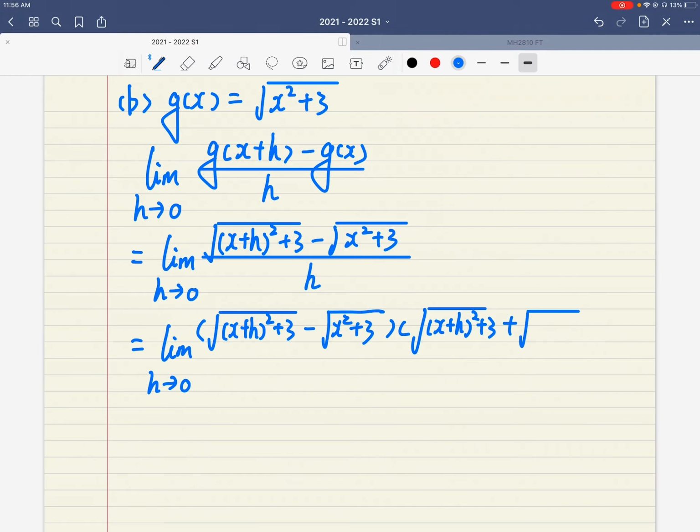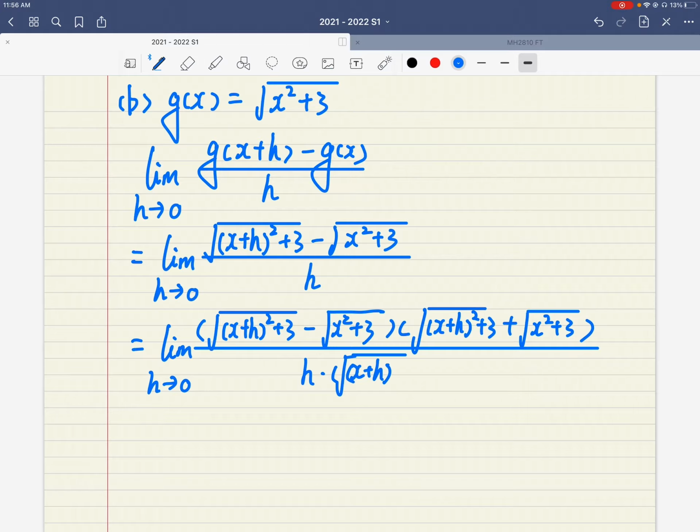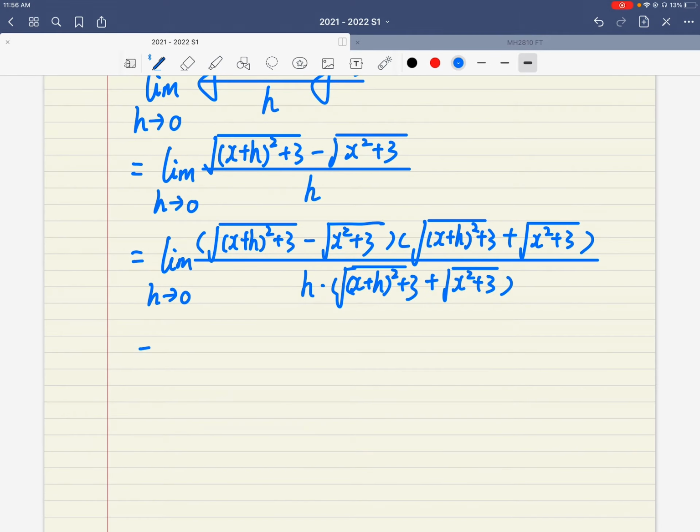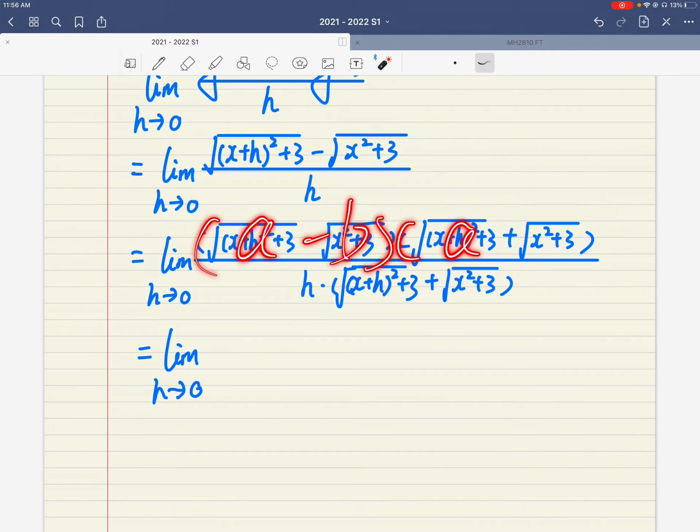Plus square root of x squared plus 3. The bottom is h times the square root of (x plus h) squared plus 3 plus the square root of x squared plus 3. Okay, so now the top, it's going to be a minus b, right? (a minus b) times (a plus b).